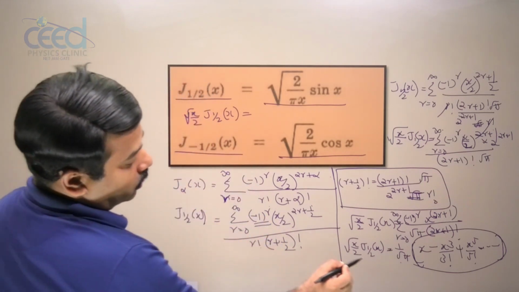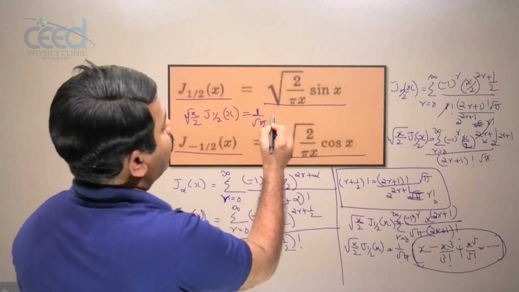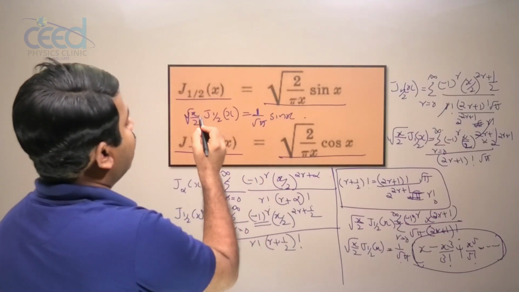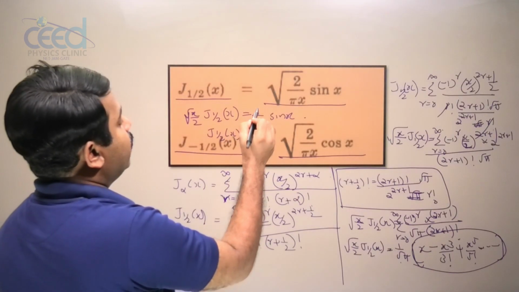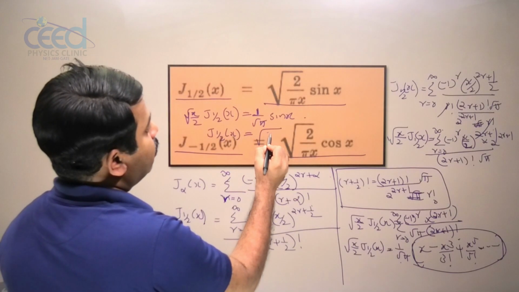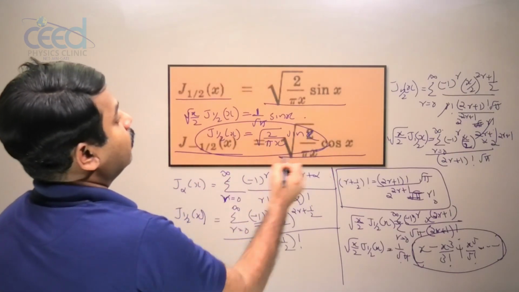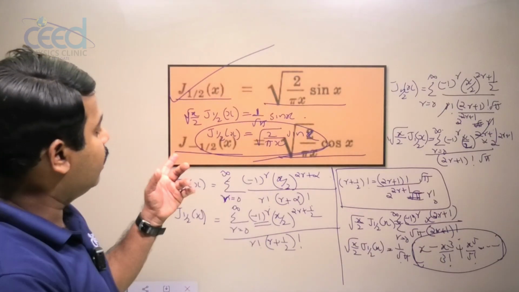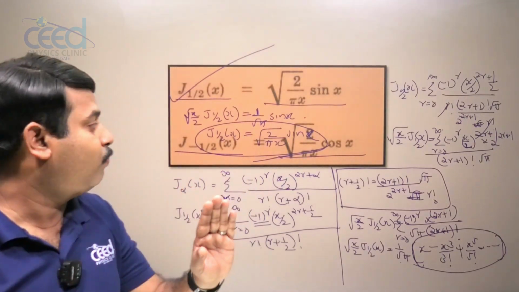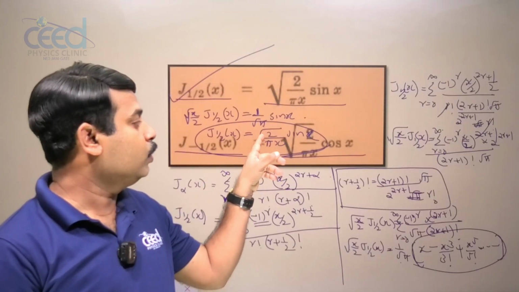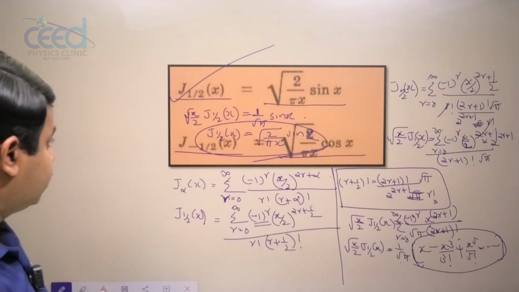So this is 1 by root pi into sin x. Now J_{1/2}(x) is equal to, this comes here, then you can write root(2/(pi x)) into sin x, right. So that only is given. Similarly, you can derive J_{-1/2}(x) is equal to root(2/(pi x)) into cos x, right. That only is the result.